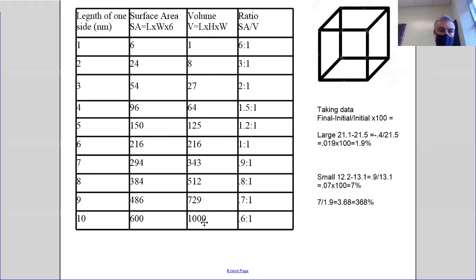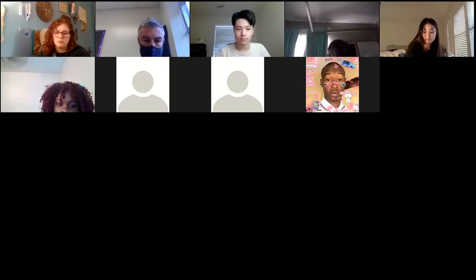Obviously volume is going to be increasing, but comparatively, is surface area actually increasing or decreasing? That's the question that we're asking. As they get larger, what's happening with that ratio? Is it increasing or decreasing? So let's go back to our document.